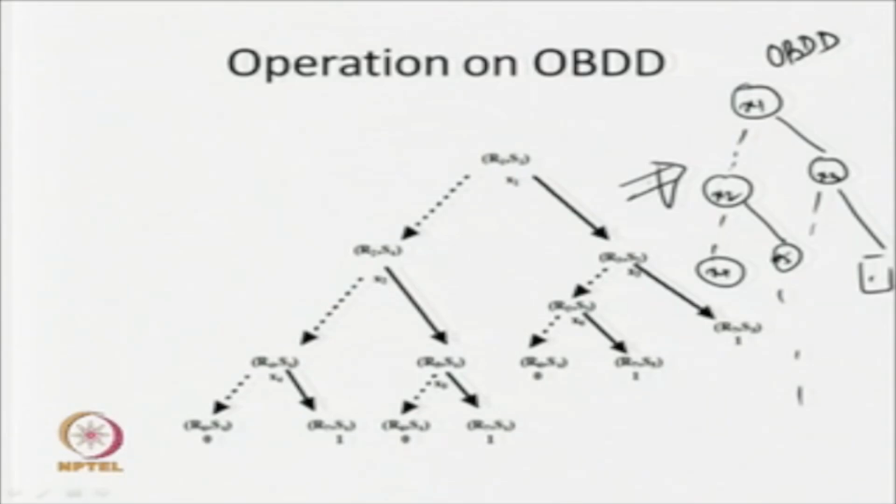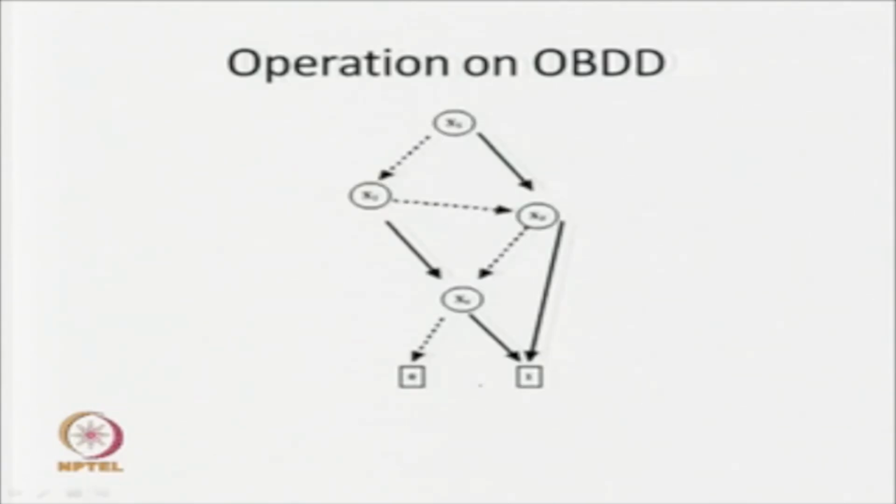Now, after getting this ordered binary decision diagram, we can see that it may not be a reduced one. So, after that we are going to apply the reduce algorithm, and after applying the reduce algorithm we are getting this particular structure, and this is the ROBDD that we are getting over here.